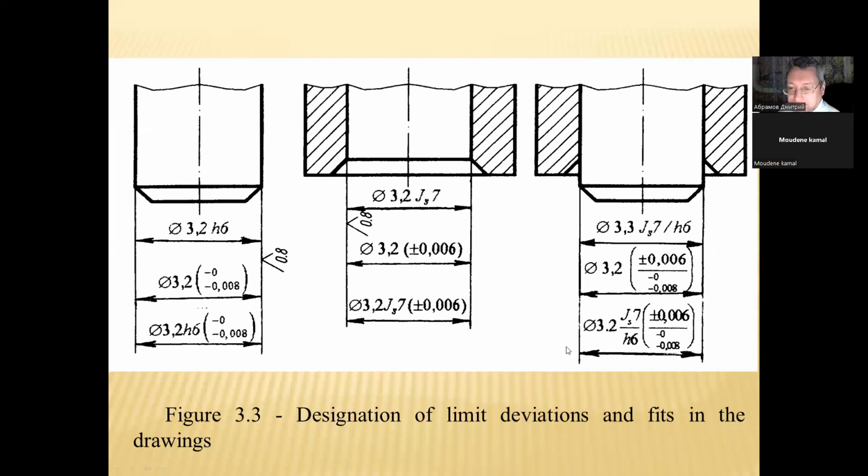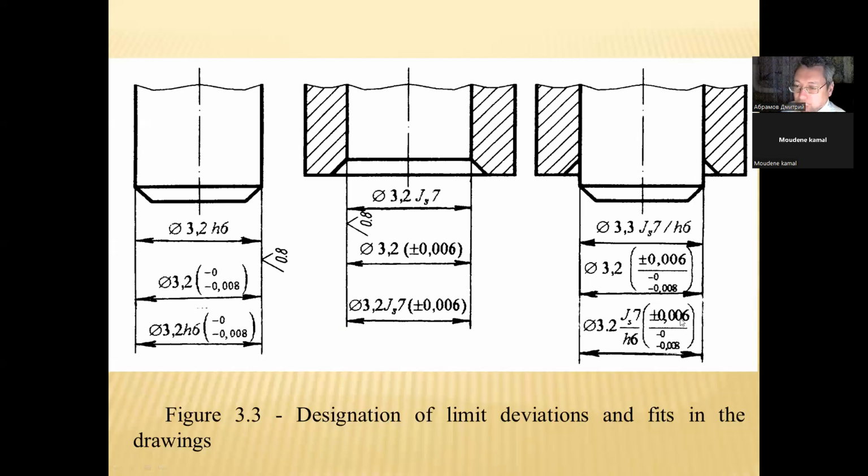And the designation of the fit, shaft with the hole. Nominal diameter 3.2, above the line, fundamental deviation J suffix S, IT grade 7, upper limit deviation plus 0.006 and lower limit deviation minus 0.006.